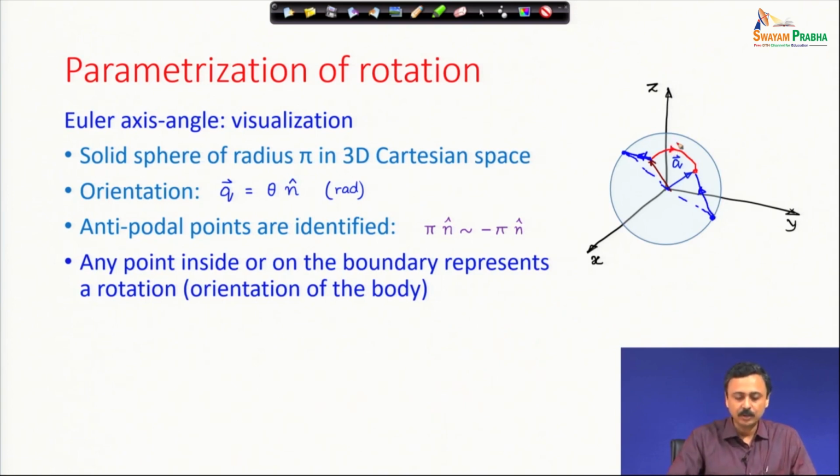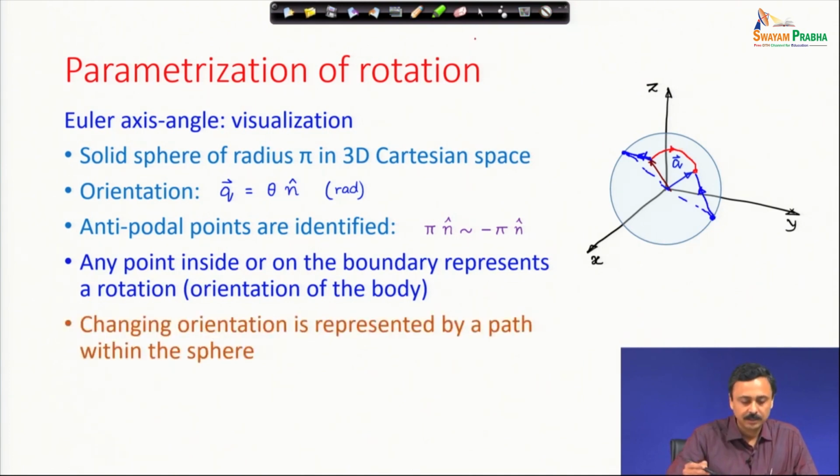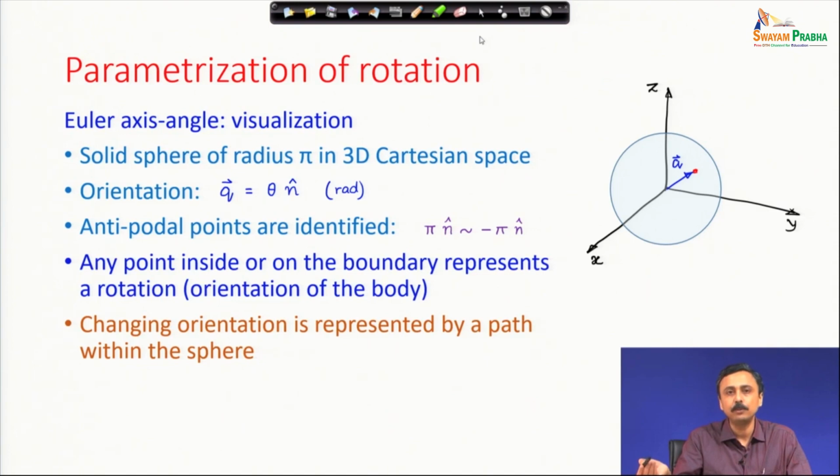Any point inside or on the boundary represents a rotation or orientation of a body, and you can join them by paths, and that implies change of orientation. Change of orientation is represented by a path within the sphere, or you can reach the boundary of the sphere and switch to the antipodal point and again continue inside.